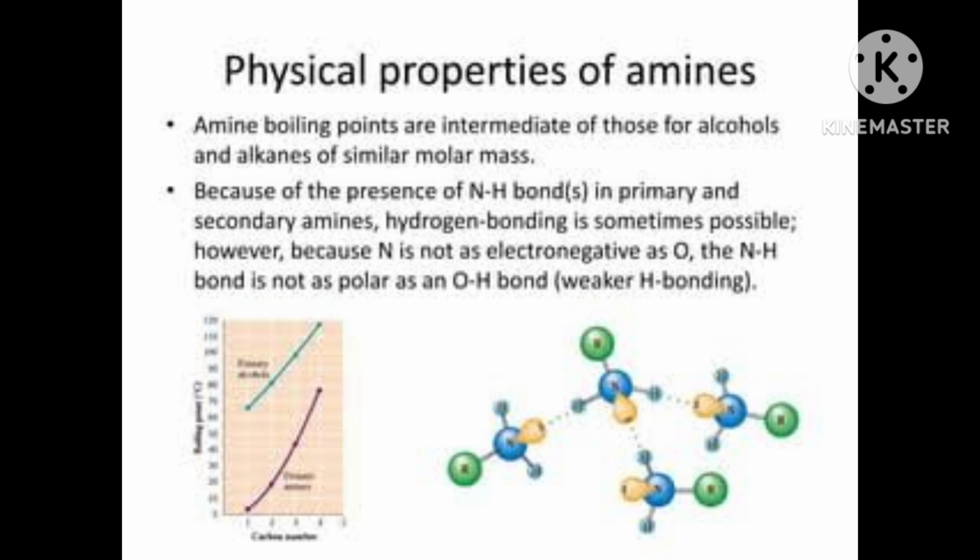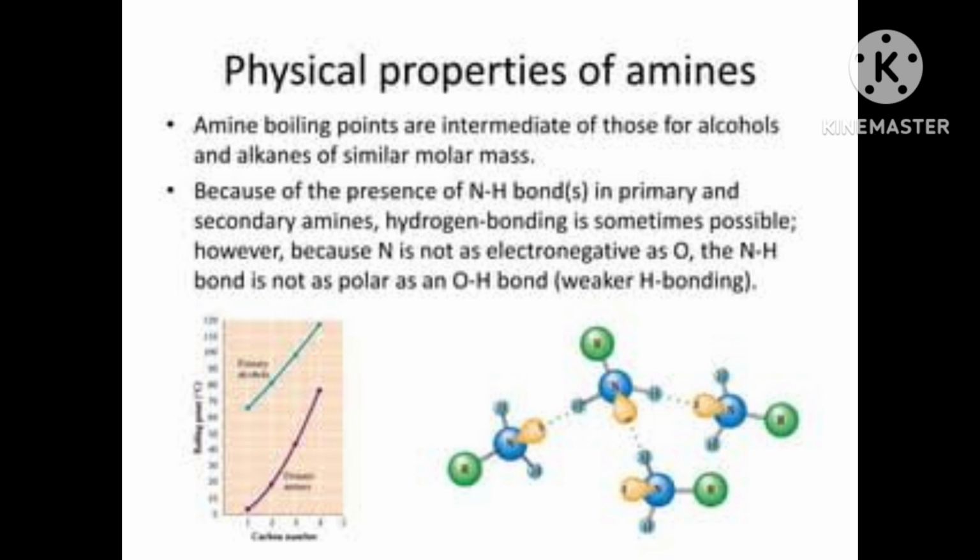Benzamide is not CH2NH2 attached to the benzene ring. If NH2 is directly attached to benzene, that is called benzamine.